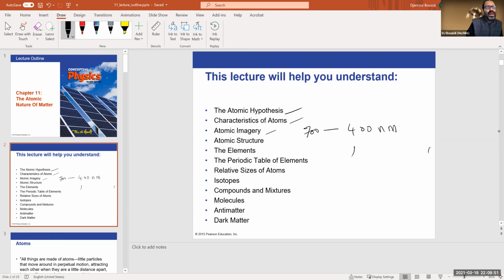Albeit, visible light is about 400 of that. The shortest wavelength is about 400 nanometers. This is the blue light. If you want to see something, the light has to be able to resolve it for you. Now, an atom is of the order of an angstrom, which is 10 to the negative 10 meters.